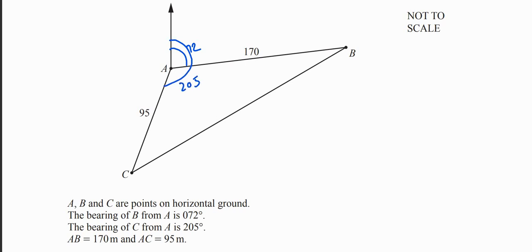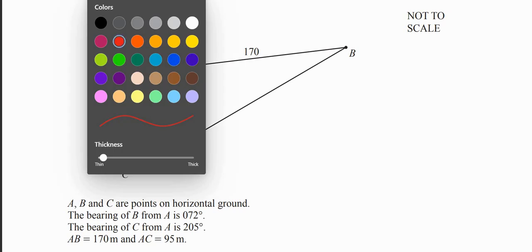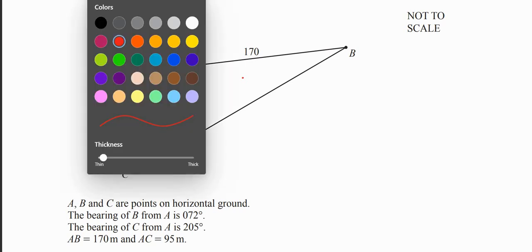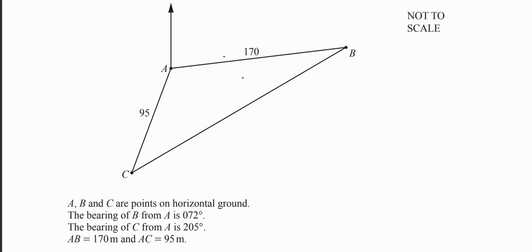Alright, so let me use the color red. If I only wanted to find this part, let me make it better for you guys so that you understand it even better. So basically this thing is 72, and from this thing to all of this thing is 205.